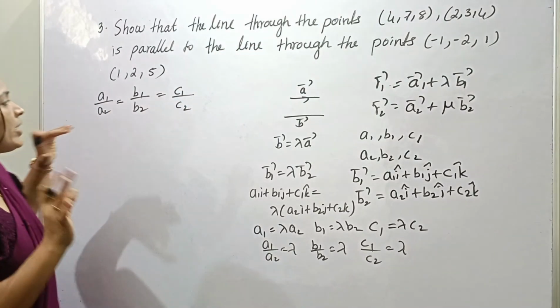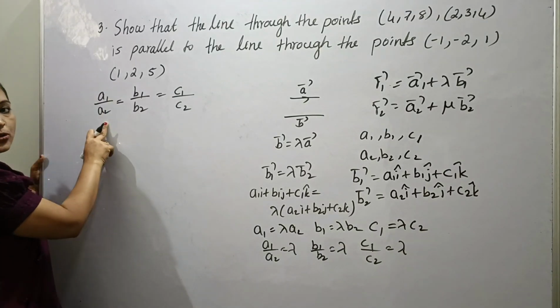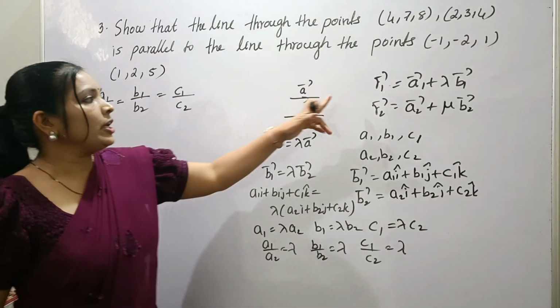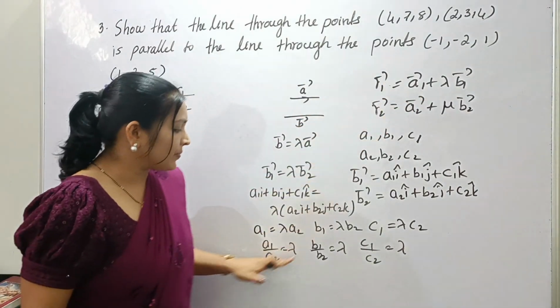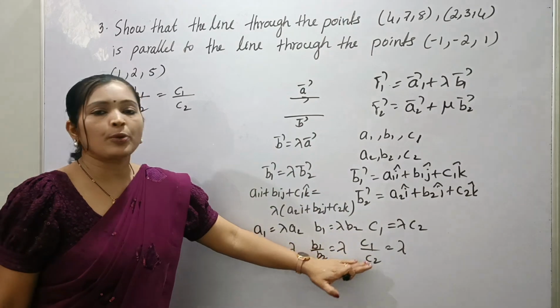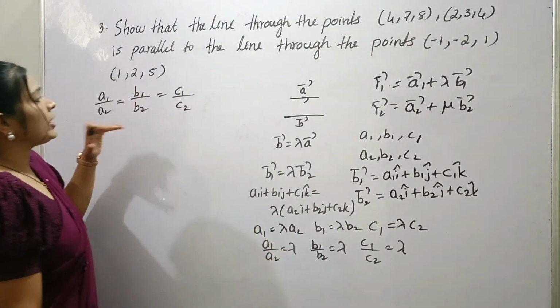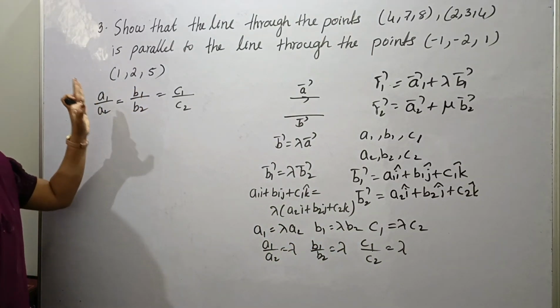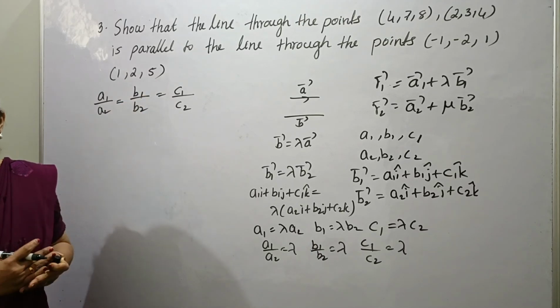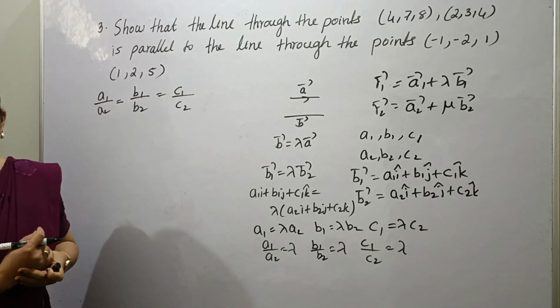So here we have to prove a1 by a2 is equal to b1 by b2 is equal to c1 by c2. If two lines are parallel, then their direction ratios are proportional. What are a1, b1, c1, a2, b2, c2? They are the direction ratios of the lines.